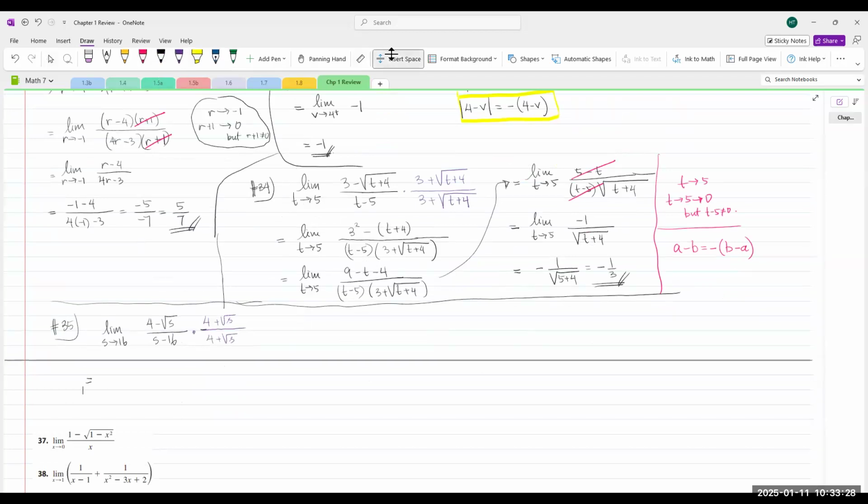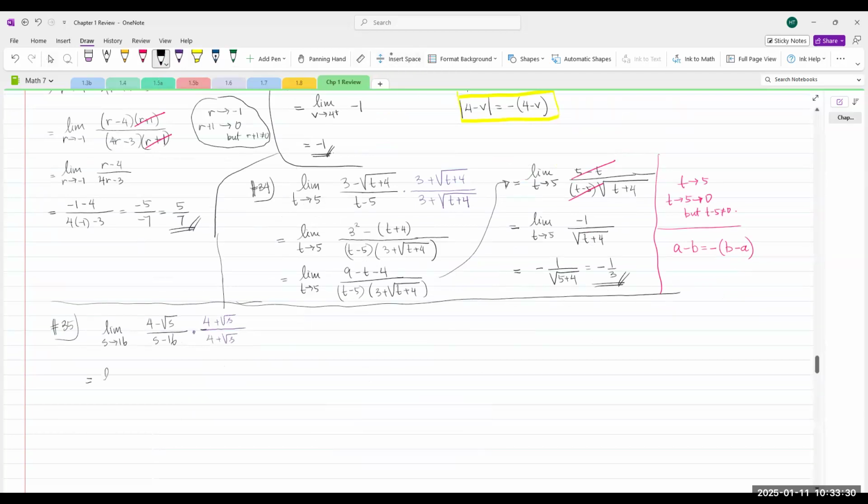Okay, and then the limit as s goes to 16 on the numerator. When I multiply that, that's 16 minus s, right? Difference of squares. At the bottom, I have s minus 16 times 4 plus square root of s.